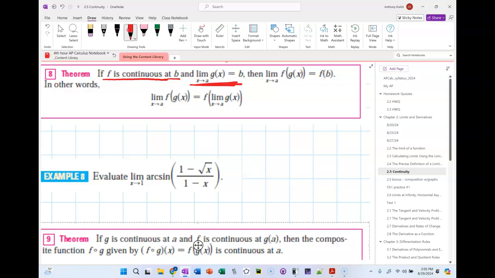So what is the domain for sine inverse? Do you remember? I think it's negative pi over 2 to positive pi over 2.